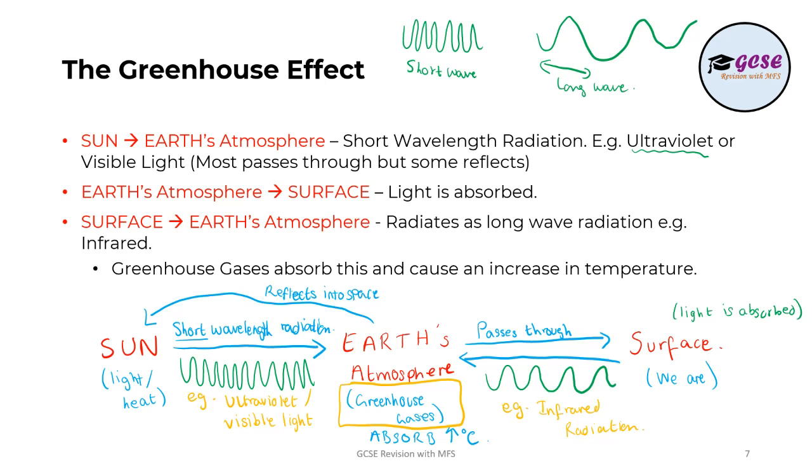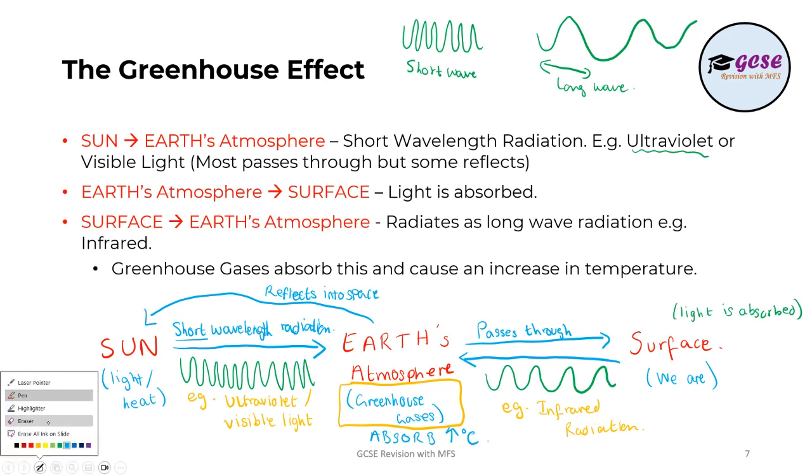Now I'm going to go through it one more time just for the people that are struggling to understand this. Basically, the sun emits short wavelength radiation, and we see the sun giving us light and heat. If you imagine the light and heat coming, those are the waves, and those are short wavelength radiations.